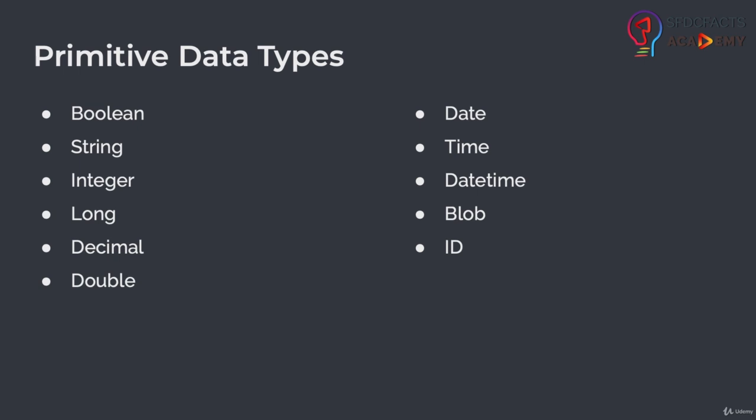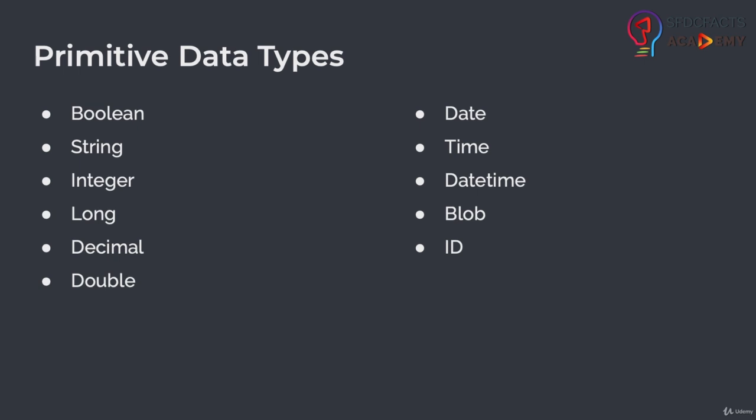We also have date, which can store a date, the time, which can store a time, and there's another one called date time, which can store a date along with the time. We also have blob, which can store object type data. So let's say if you want to store an image, then you can store that in the blob data type. If you want to store a file, then you can store that in blob. So blob can store all types of binary data.